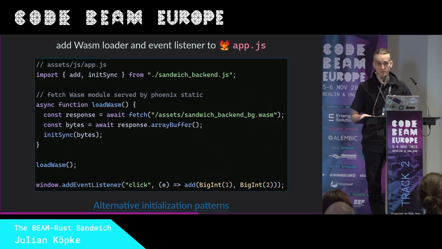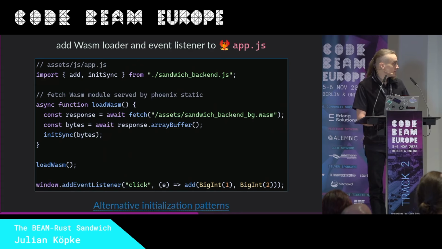The add function, that is what we defined, and initSync is a function to initialize your WebAssembly module. And then we implement a load function that downloads the WebAssembly packet and calls the init function with this downloaded packet. There are different ways to do this.